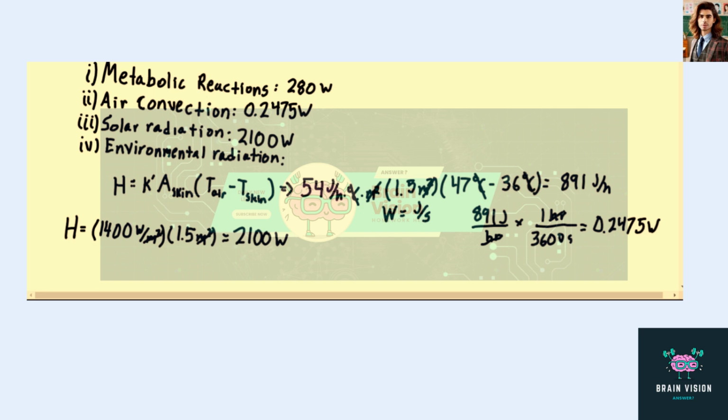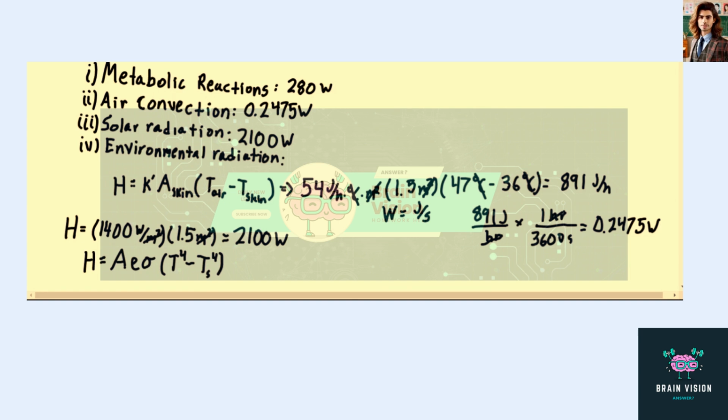Now, the radiant energy from the environment, the heat from that, can be determined using this expression. H is equal to A times E sigma times T to the 4 minus T sub S to the 4. A is the area of the exposed skin, which we know already.